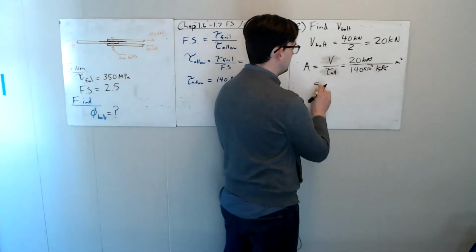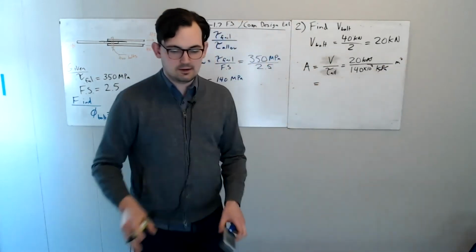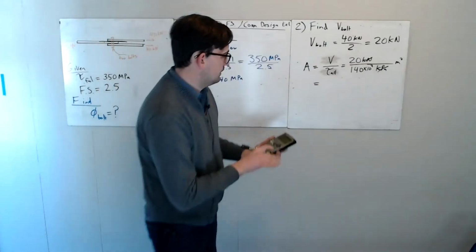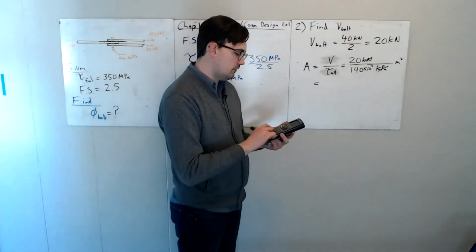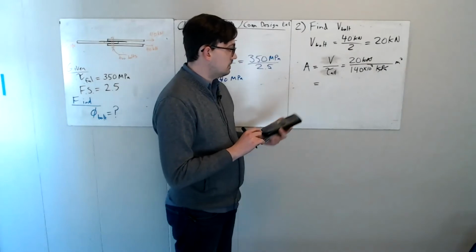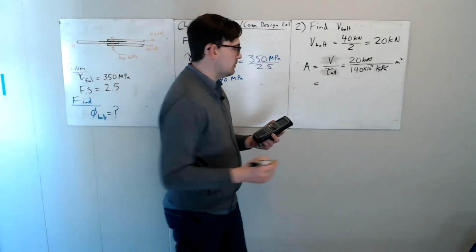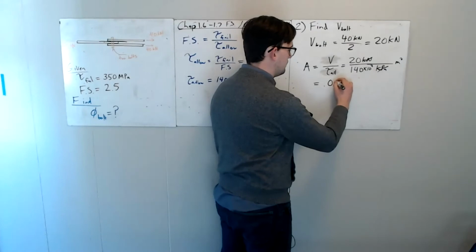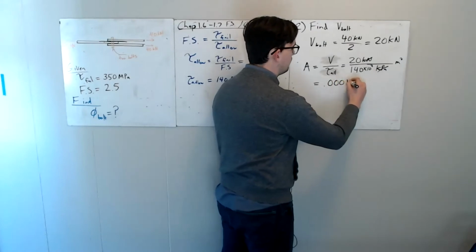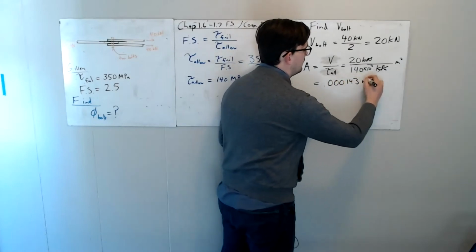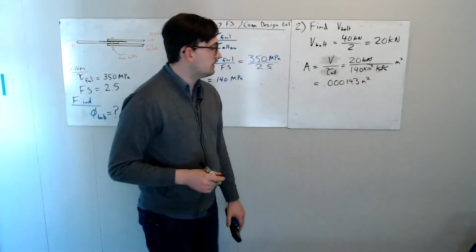I'm doing 20 divided by 140 times 10 to the third, so I'm going to get a very small number here: 0.000143 meters squared.